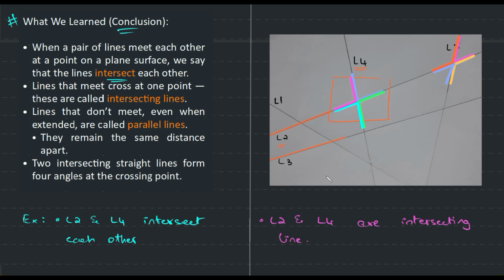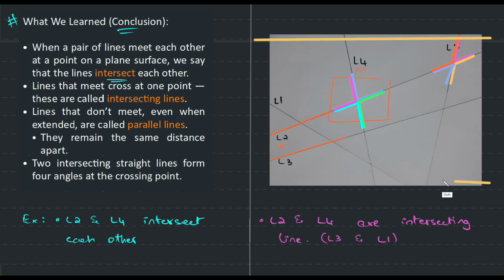Then what else? We have L3 and L1. Lines that do not meet even when extended are called parallel lines. So in this case, let me actually draw this.